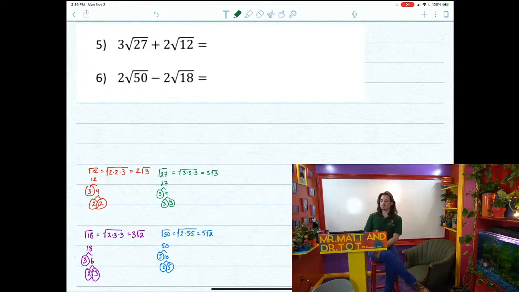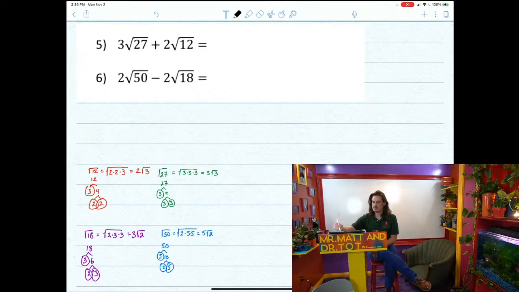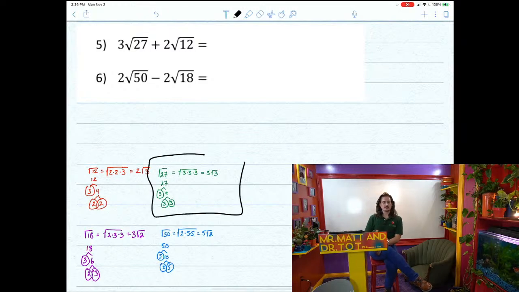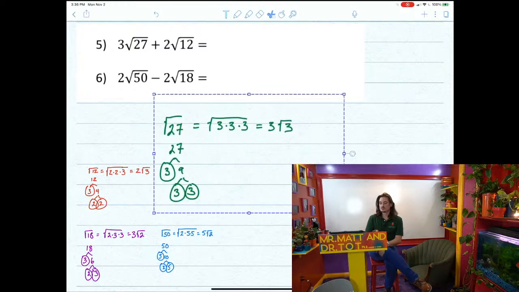So notice that if we broke down 27 into its prime factorization, and I can make this a little bit bigger because I just did this for space. So notice that 27 breaks down into 3 and 9. 3 times 9 is 27. 3 is prime, and 9 breaks down into 3 and 3.